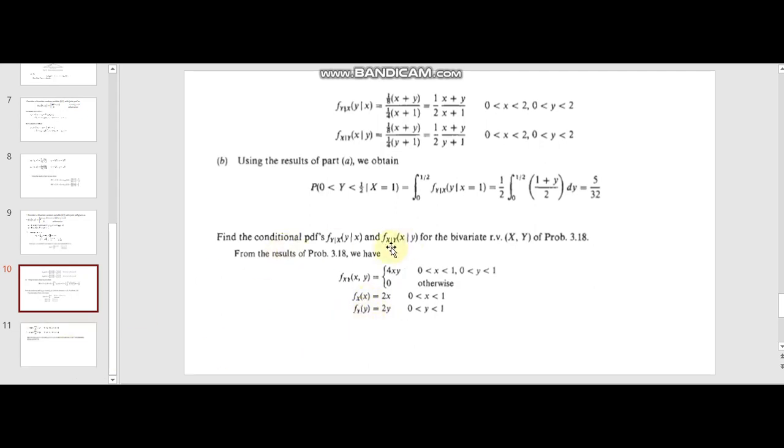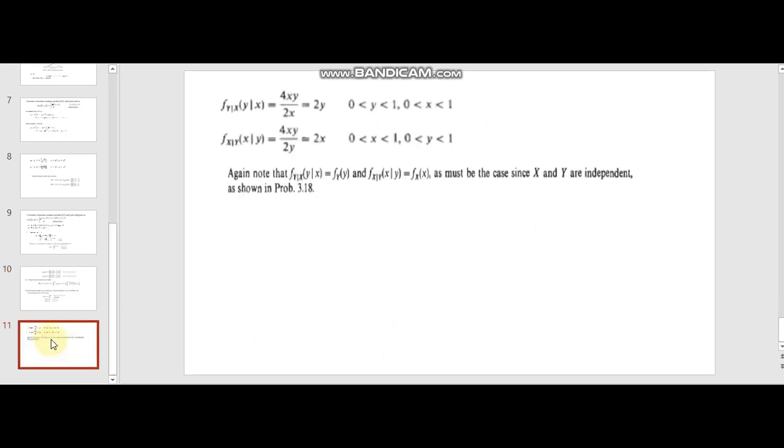Next, for the conditional pdf of y, I will divide the joint pdf of the bivariate random variable x and y by the marginal pdf of x. So I will get this is equal to 2y.